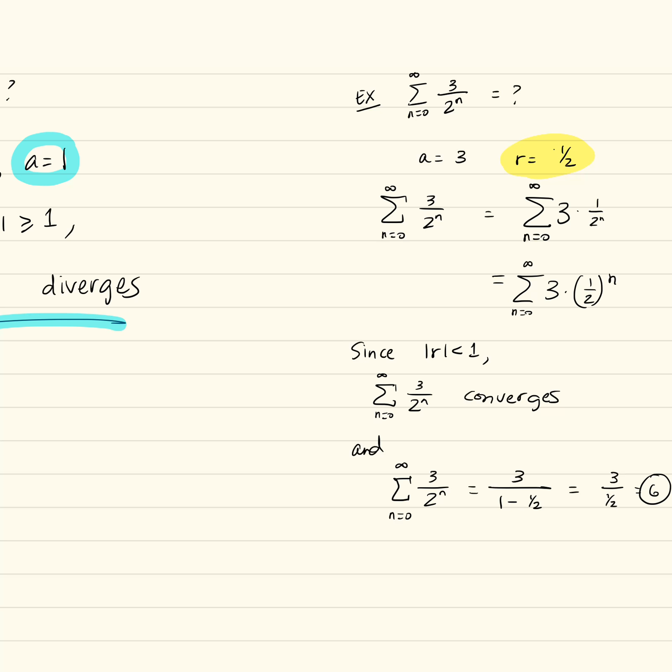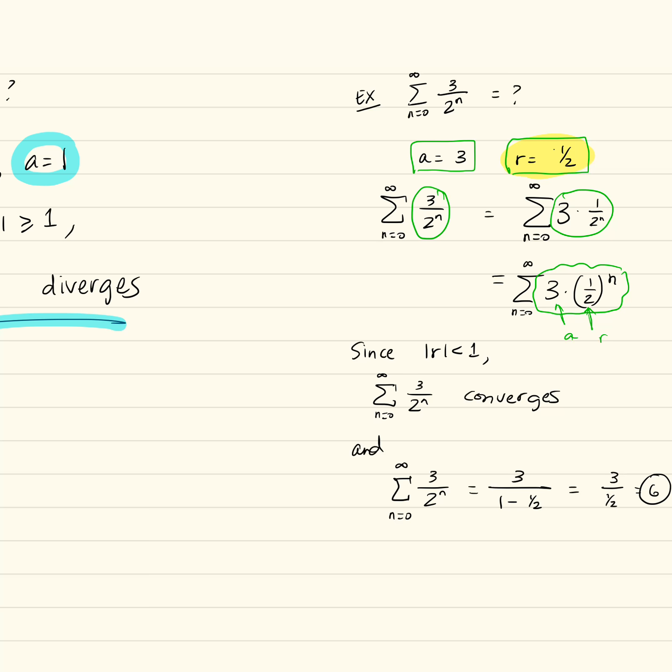Let's look at this example here. In order to do this example, I had to rewrite it. It turns out that a is equal to 3 and r is equal to 1/2. How did I get that? I took this 3 over 2 to the n, and I wrote it as 3 times 1 over 2 to the n, and then rewrote that as 3 times 1/2 to the n. So here it's clear that this is our r and this is our a.